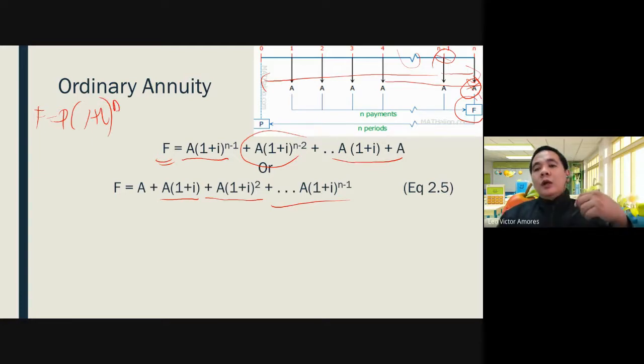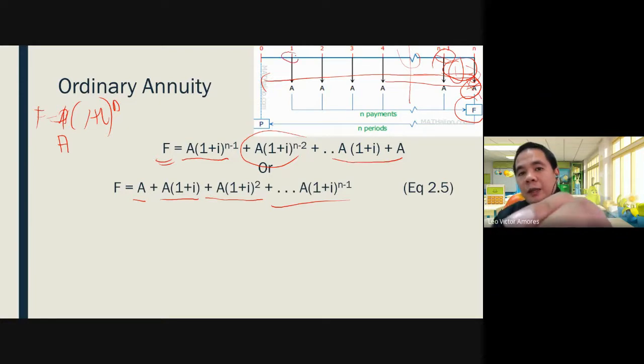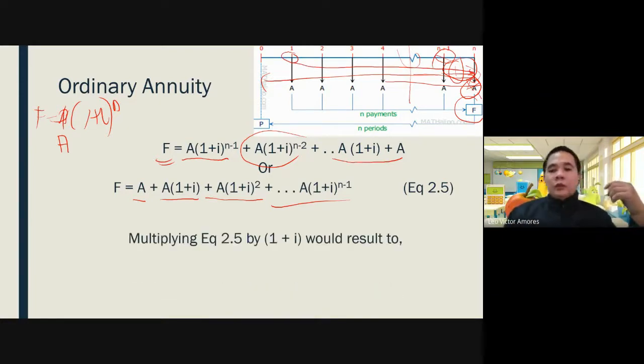And assuming you are paying yearly an equal amount, let's consider it as A. So to get the future value of a certain amount at this point n, that would be A(1 + i) for the first year because you have to compound it by 1 year, A(1 + i)^2 for the second year, and so on, up to the first payment. So that would be your equation 2.5.